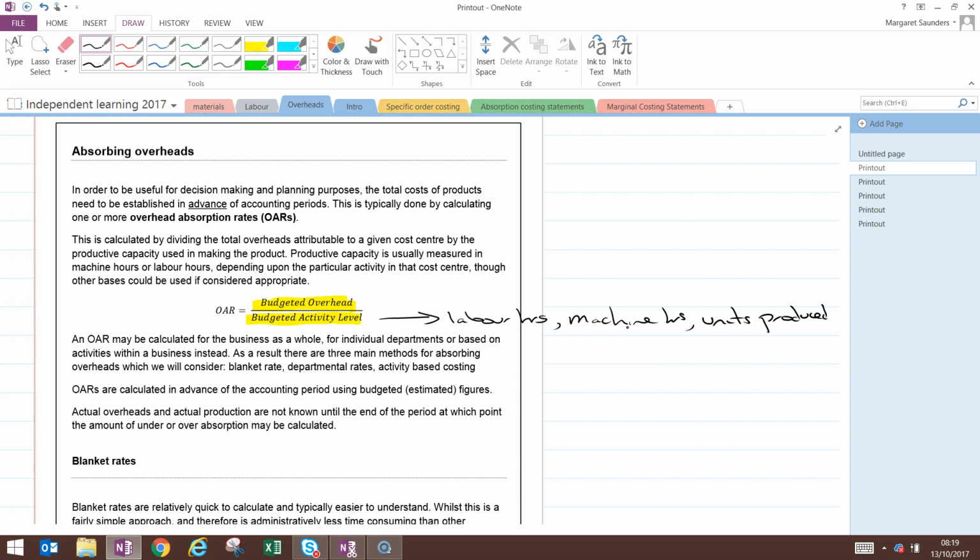Now we can calculate an overhead absorption rate for the whole business, or we can calculate an overhead absorption rate for individual departments within the business. If we calculate overhead absorption rates for the whole business, they are referred to as blanket rates.